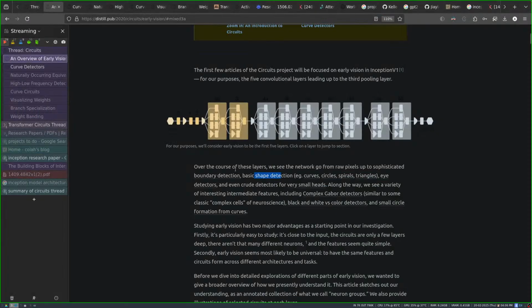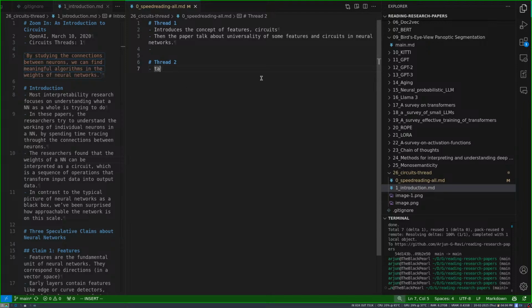Okay. The talk uses Inception V1 as the foundational model to perform interpretability research. Sure.